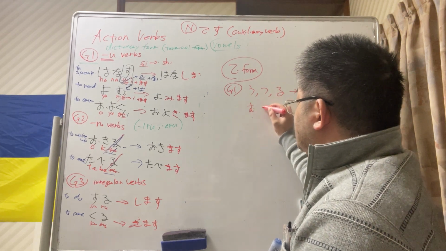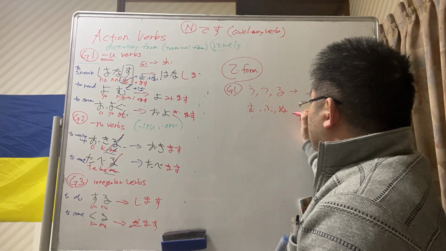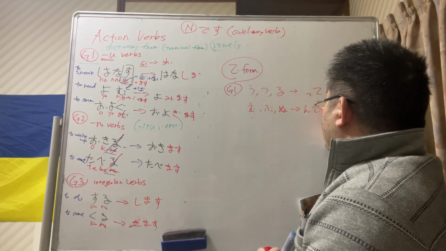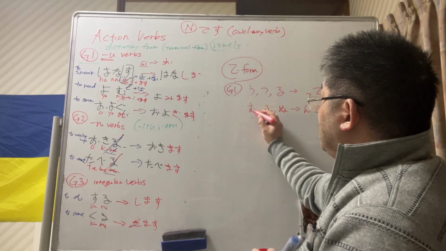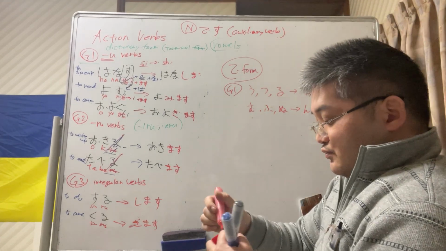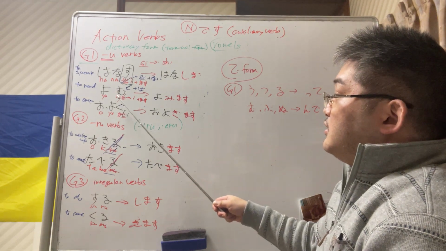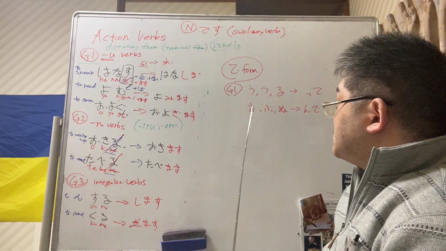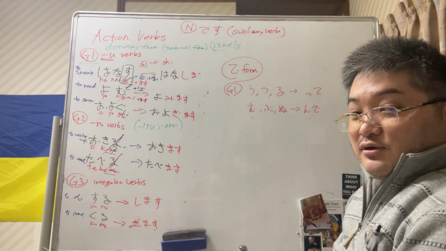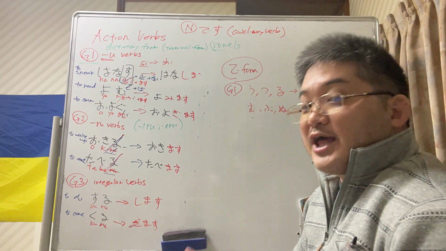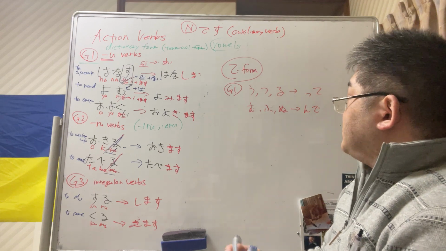And anything that ends with mu, bu, or nu changes into nde. So for instance, yomu ends with mu, so what ends with mu changes into nde. So yomu in the te form is yonde. Yeah, 読んでください. Right?